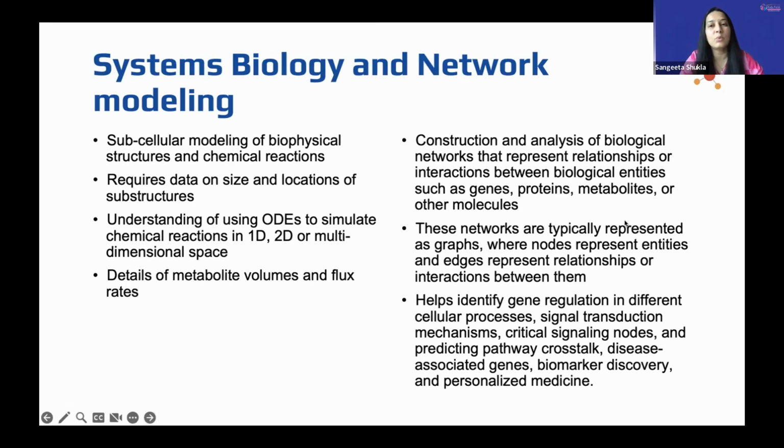And on the other hand, once we have a lot of information about different genes or different proteins or different metabolites, or understand some phenotypic manifestations of interferences in those genes or proteins or metabolites, what we can also construct is a network, a regulatory net, a biological network, and represent relationships or interactions between the biological entities that we have knowledge about.